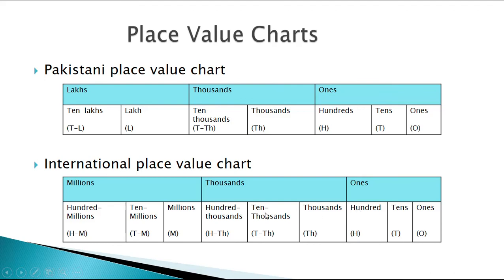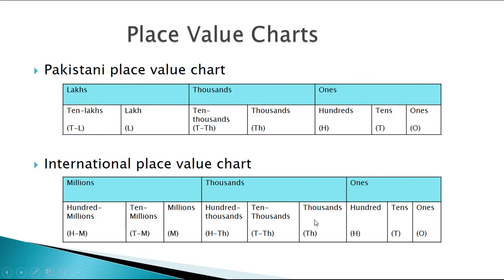In the international place value chart, there are also three periods. The first period is ones, the second thousands and the third millions. In ones there are also three sub places: ones, tens, then 100.